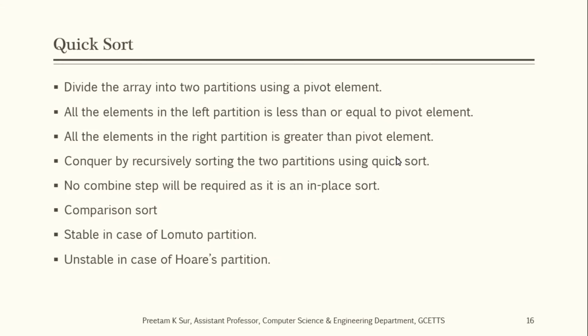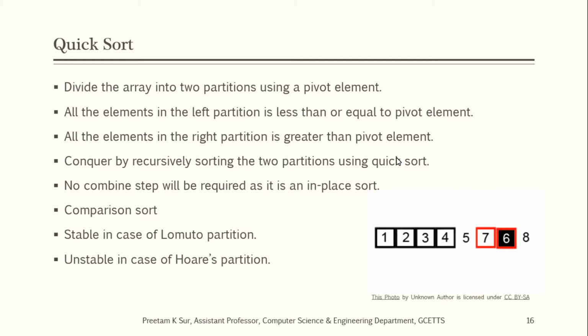Whichever partition method you use will not affect quick sort much except its stability. If you use Lomuto partition you get a stable version, and with Hoare partition you get the unstable version.